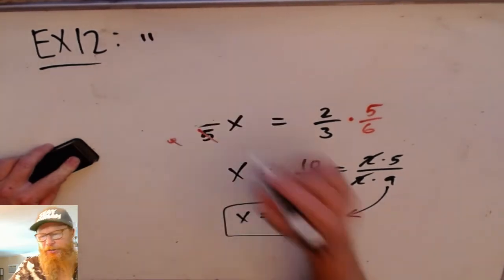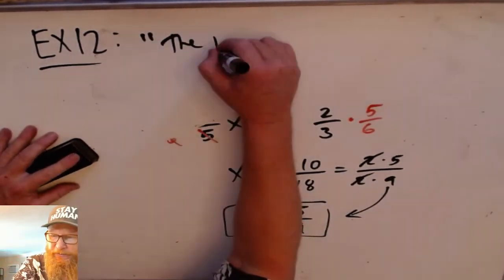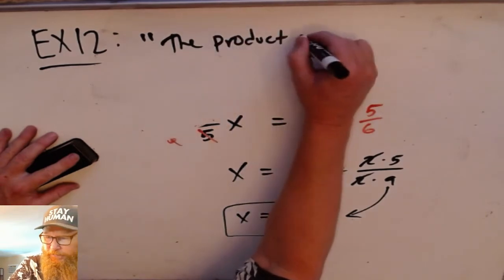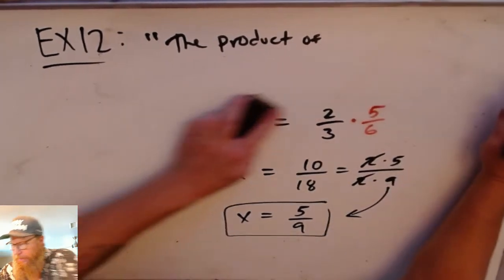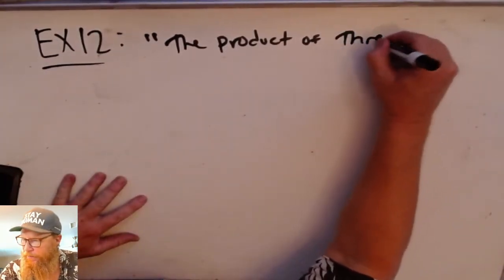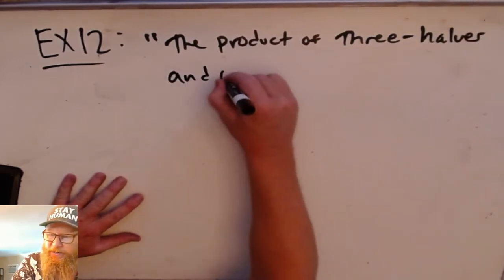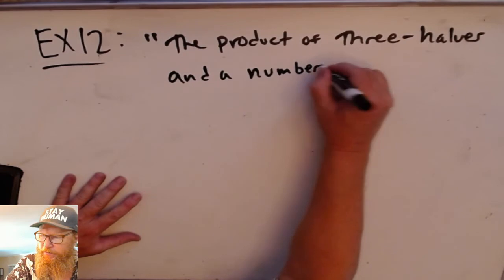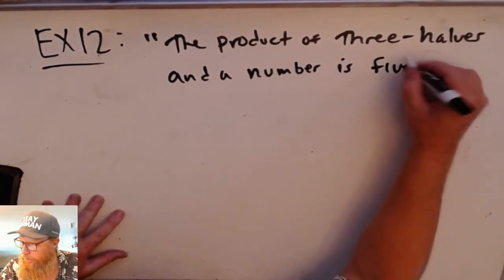Same question. Translate and then simplify. The product of 3/2 and a number is 5/4.